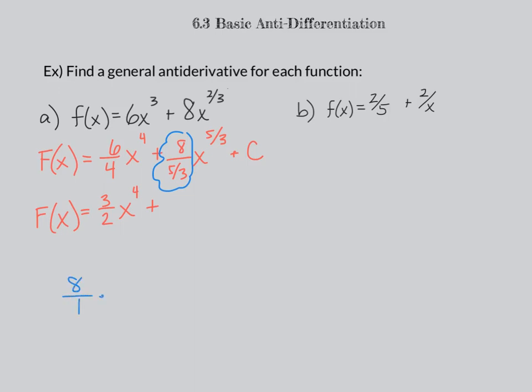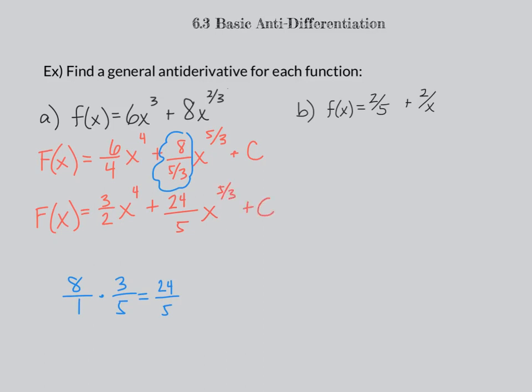It means multiplying by the reciprocal of that fraction. 8 divided by 5/3 is 8 times 3/5. So that gives us 24/5 when we multiply through. We couldn't cross cancel at all. 8 and 5 can't cancel. 1 and 3 can't cancel. So we are left with 24/5 x to the 5/3 plus c.